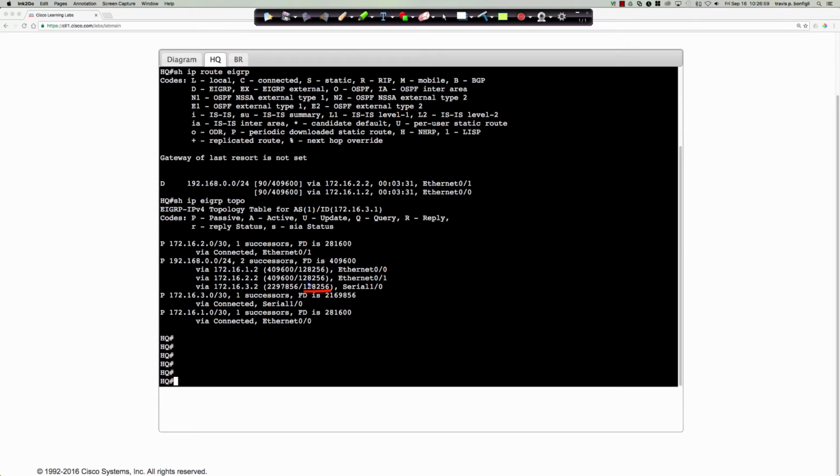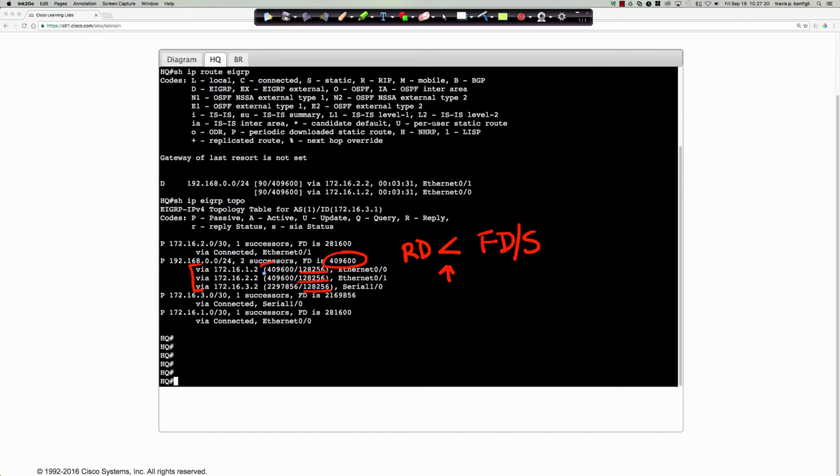So here is the reported distance for each of the three successors. Whether they're feasible successors or not is going to be dictated on if this reported distance is strictly less than the feasible distance of the current successor. If this condition is true, then you are a feasible successor.